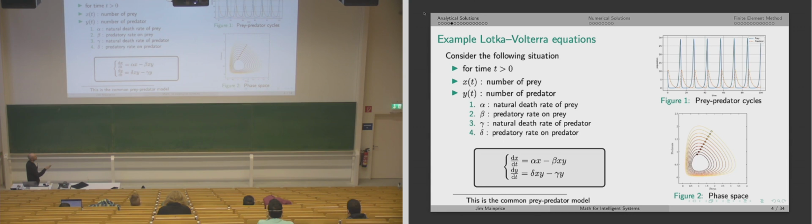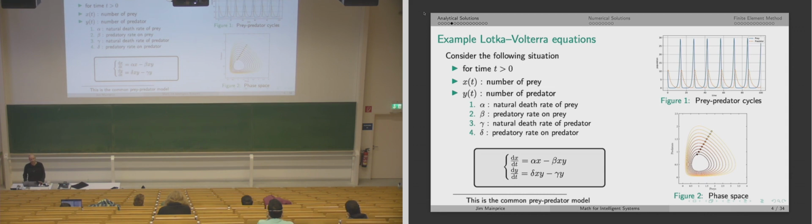So if you start with a very high prey population, then you might get a very high predator population, and then a very high prey population again, but you might be on a lower cycle. So I guess, depending on environmental conditions, you can probably also slide up and down this phase space.